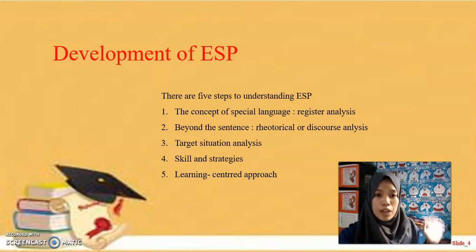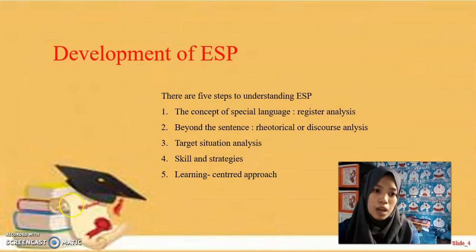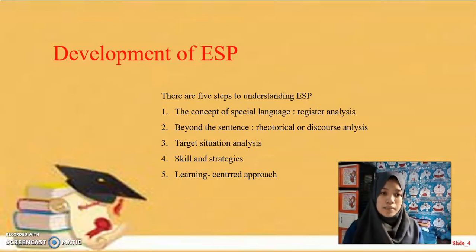And the fifth is the learning centered approach, where there are 3 strengths that underlie the origin of ESP, namely needs, a new idea about language, and a new idea about learning. Language learning is not just about reading the book, but learning is a process.